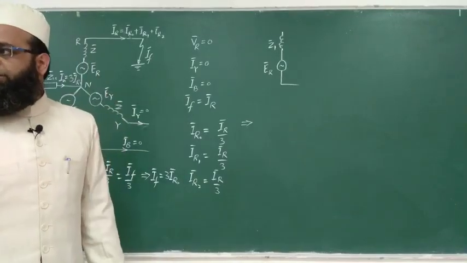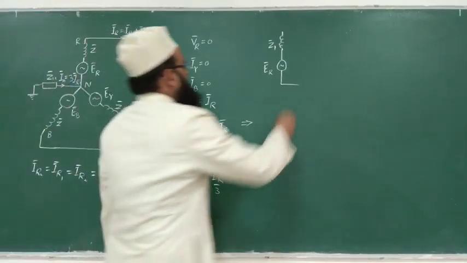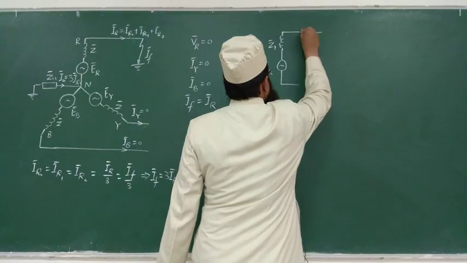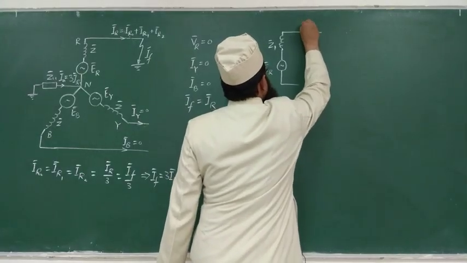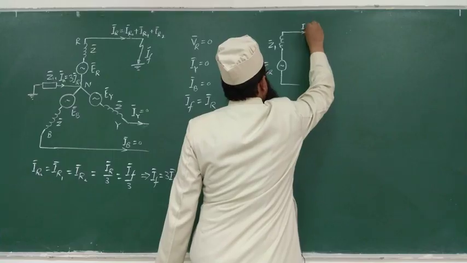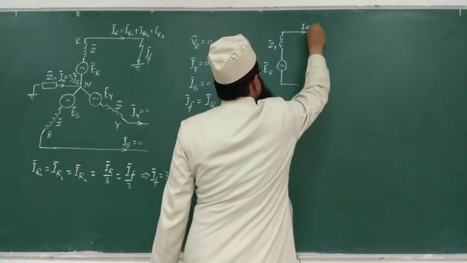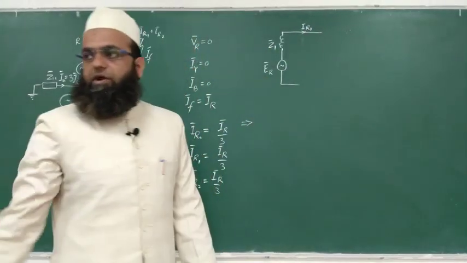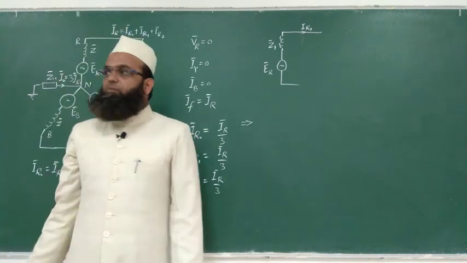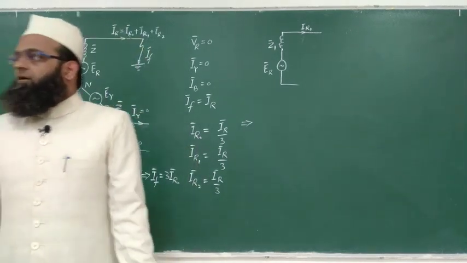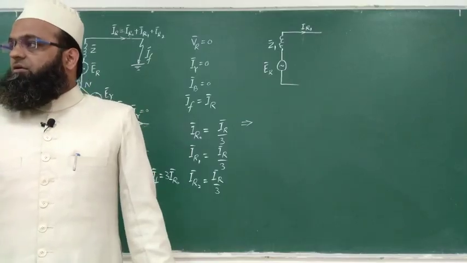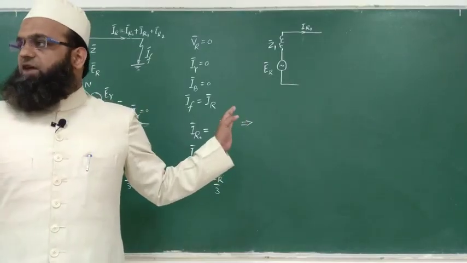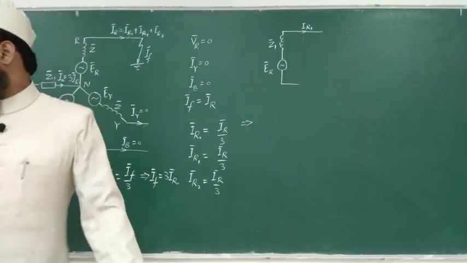You know what is Z1, Z2, Z0. And what will be the current? IR1. This is positive sequence network, right? So in positive sequence network, impedances will be Z1, EMF will be E1, that is E. Only this network will have EMF, right? Other networks will not have EMF.